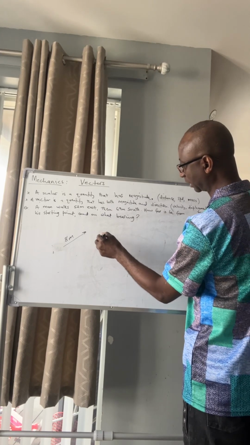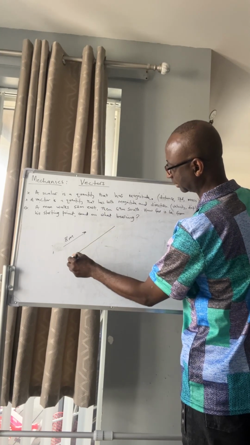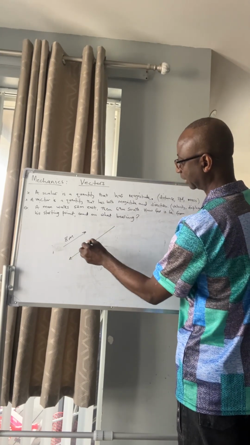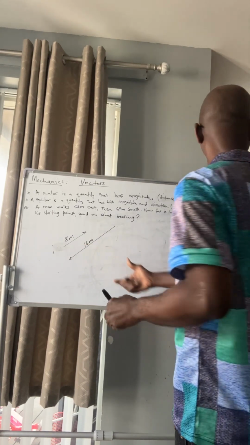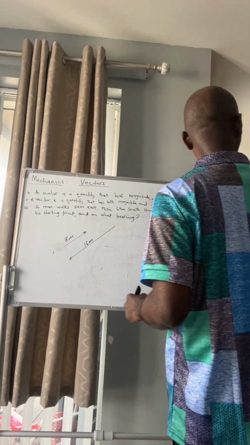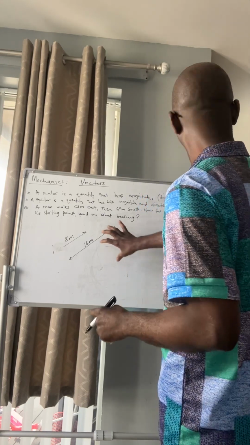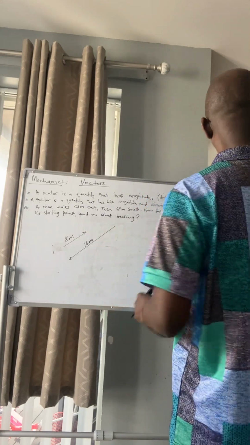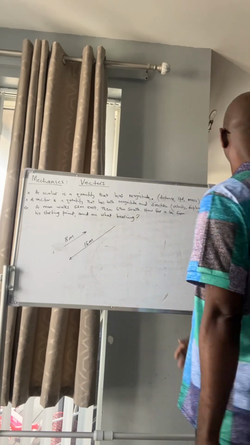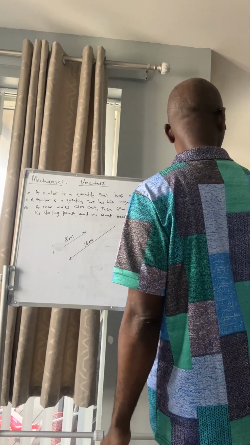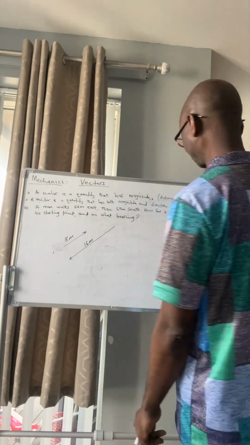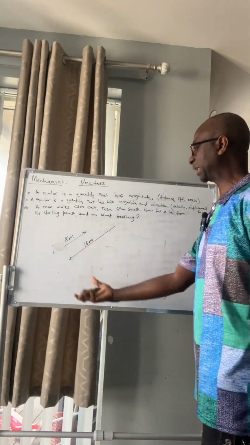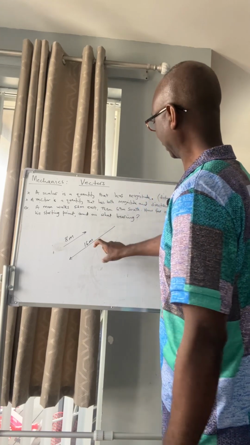If you now have another vector like this, pointing this way, you can say this is 16 meters, which is twice of this, and it's pointing in the opposite direction. These are both vectors. One going in that direction, the other one going towards an opposite direction. But you represent that by arrows.